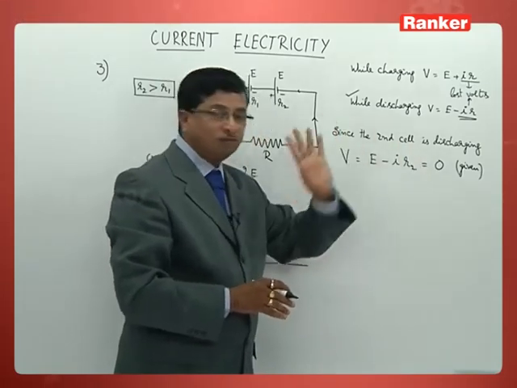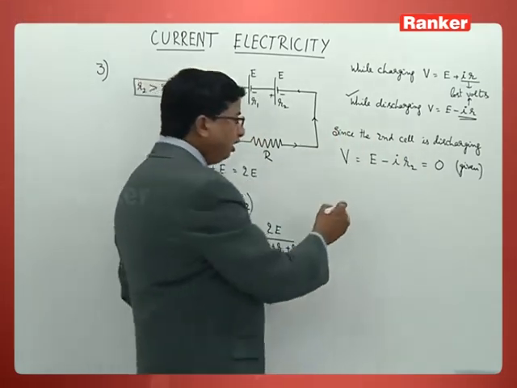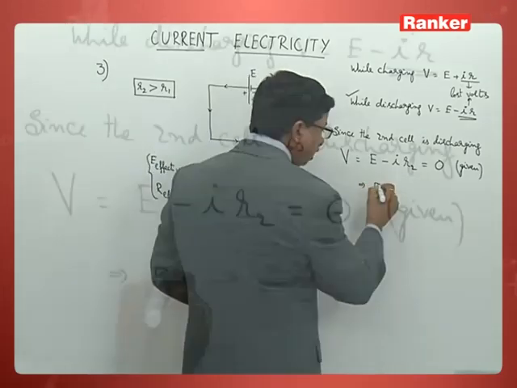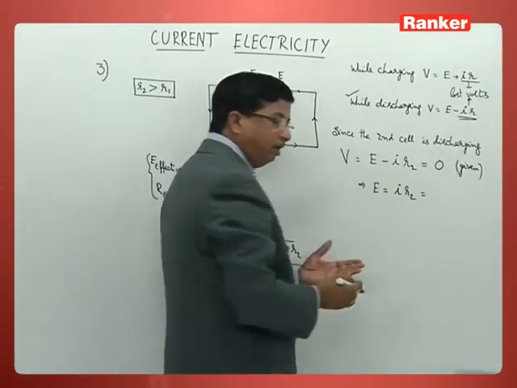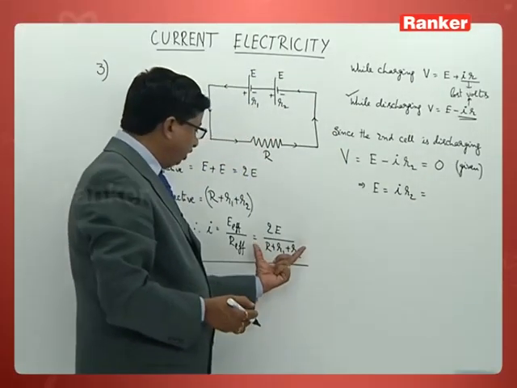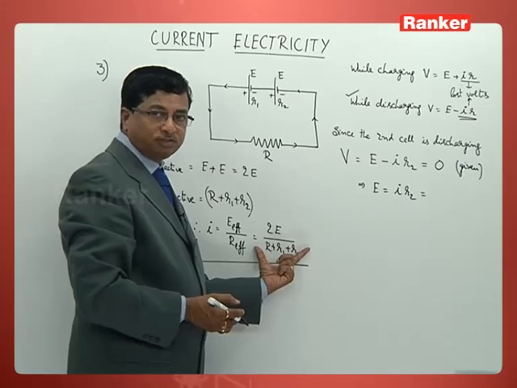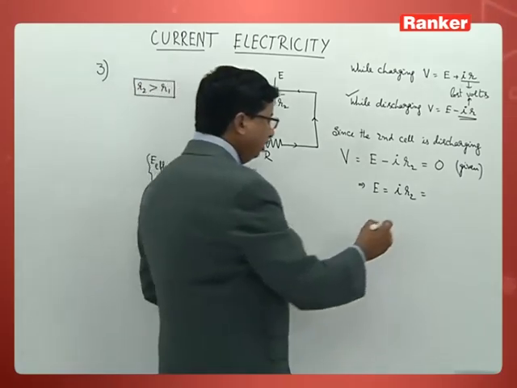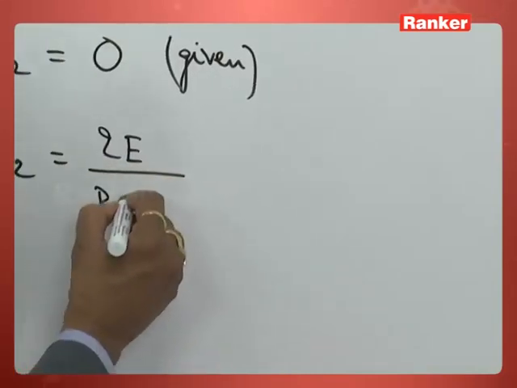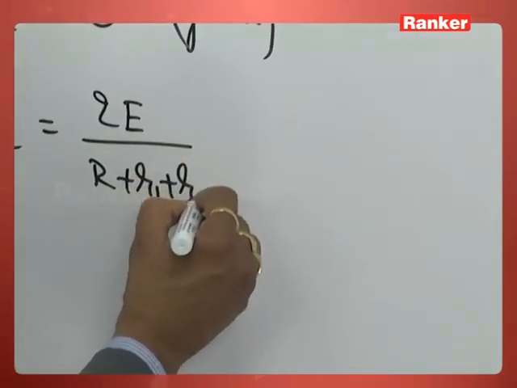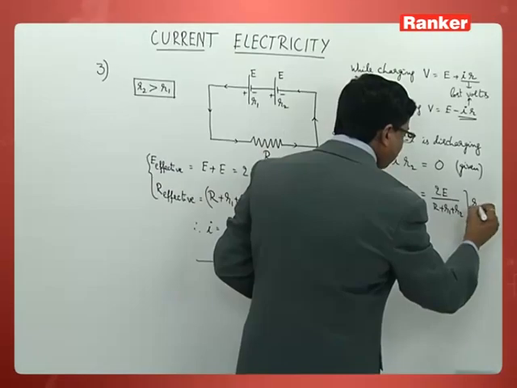That value is given as 0. So what can I write from this? E can be written as IR2. But I have already calculated the current passing through the system. So what is that value? It is 2E by R plus R1 plus R2, into R2.